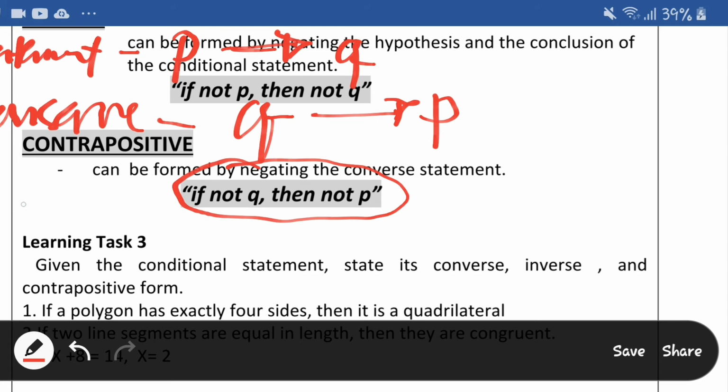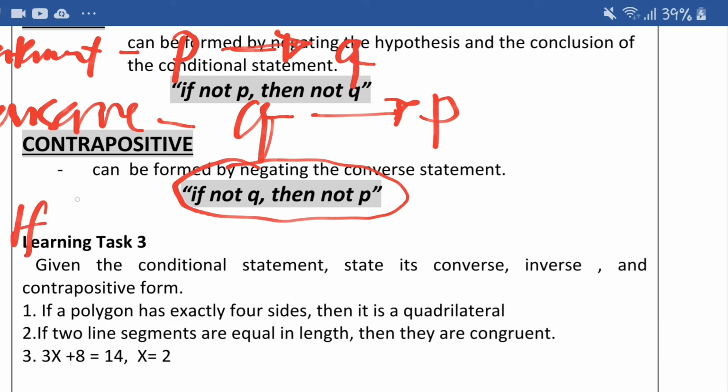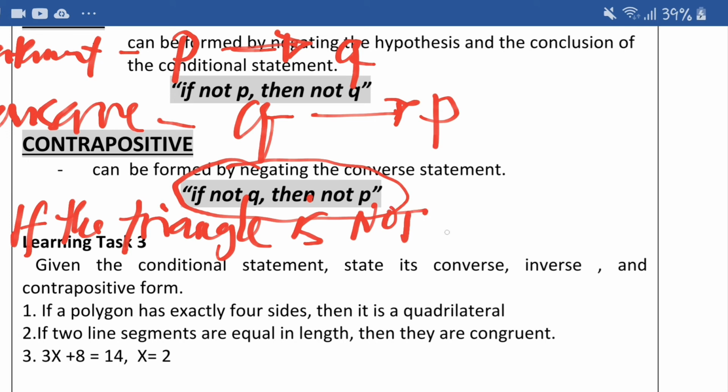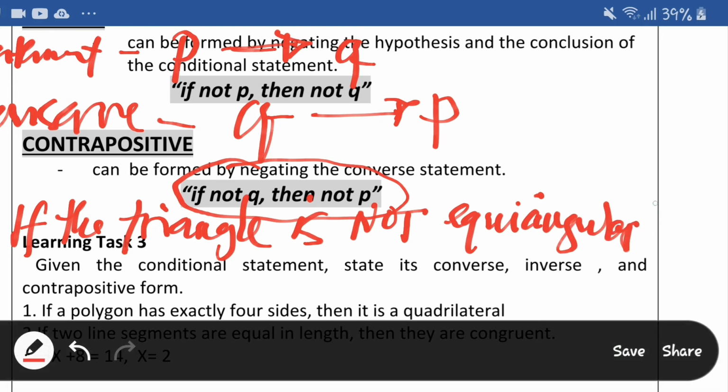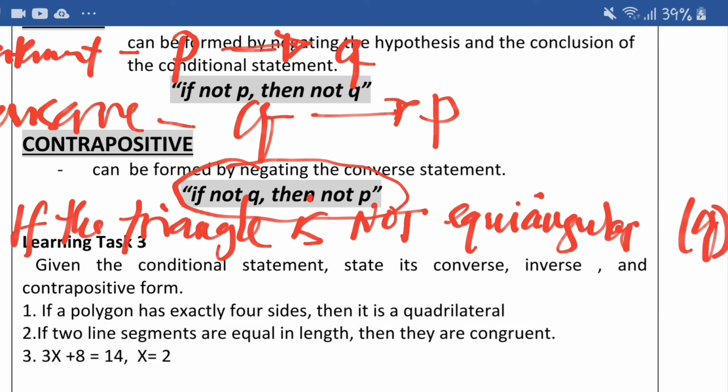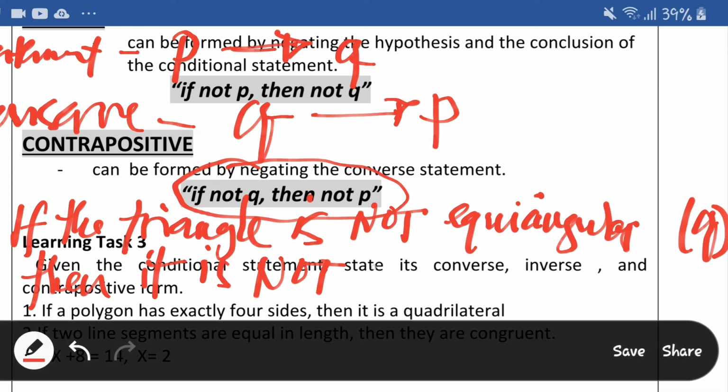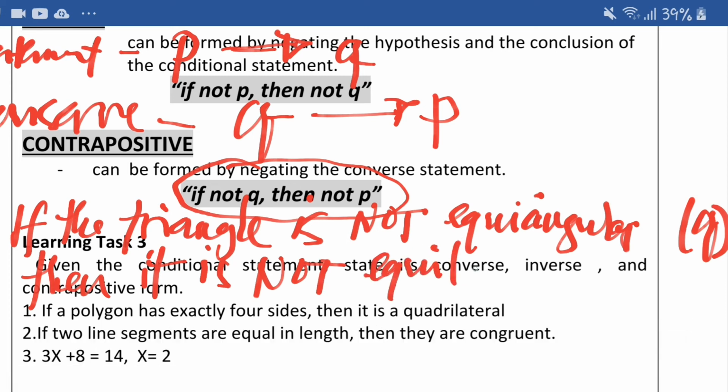How would that be? So we have, if the triangle is not equilateral or equiangular, this is your Q, then it is not equilateral.